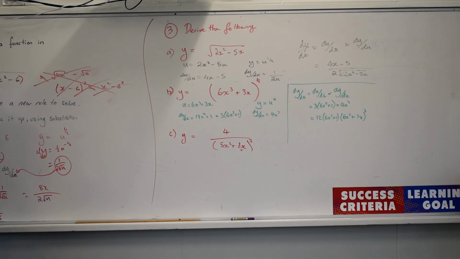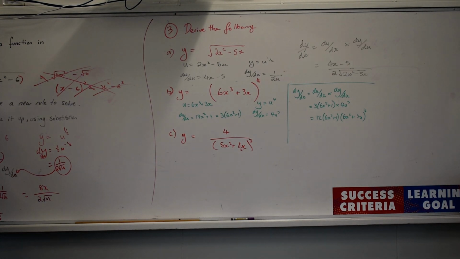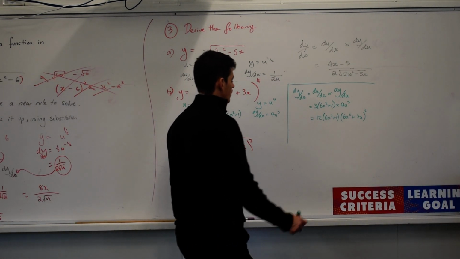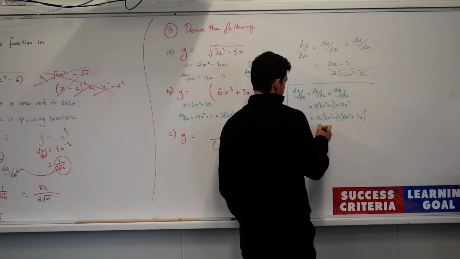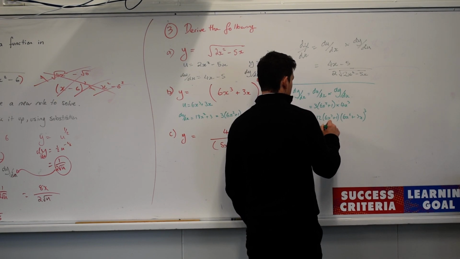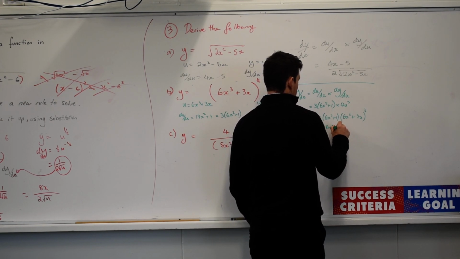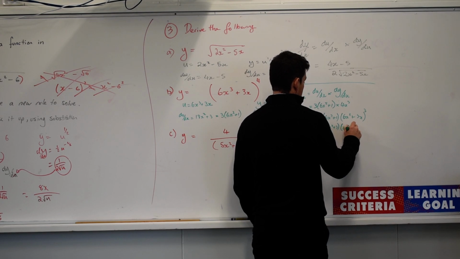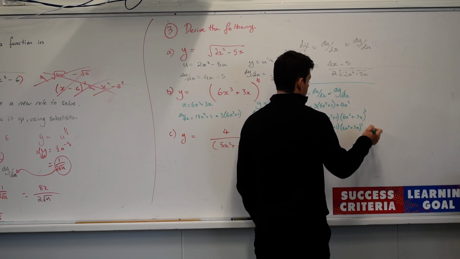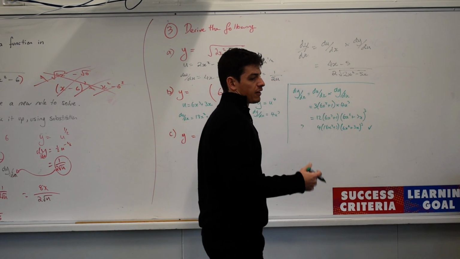Sweet. So you should have something like that. If you didn't factorise it exactly the same, you might have 4 18x squared plus 3 6x squared plus 3x. That's fine, okay? The goal here is not about factorising.